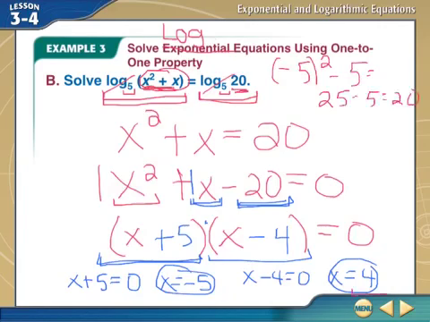And if I plug in 4 for x, 4 squared plus 4 is 16 plus 4, which is also equal to 20. So negative 5 and 4 both are solutions because they give me an input value here of 20 on the left side, because my input value over on the right side is also 20.